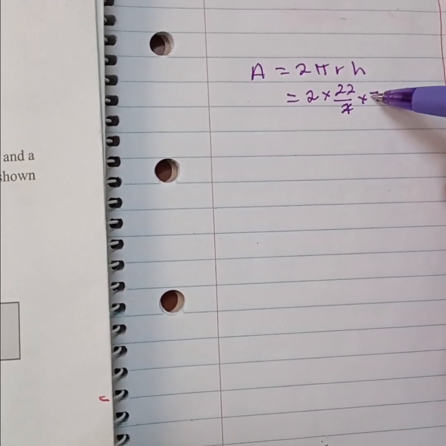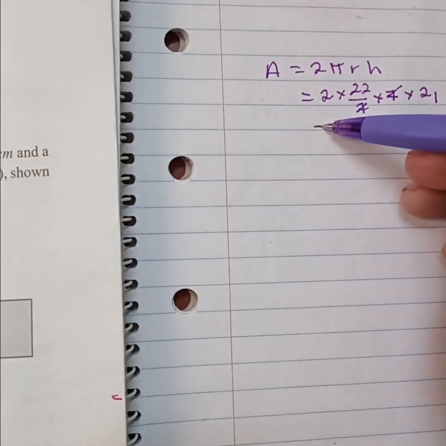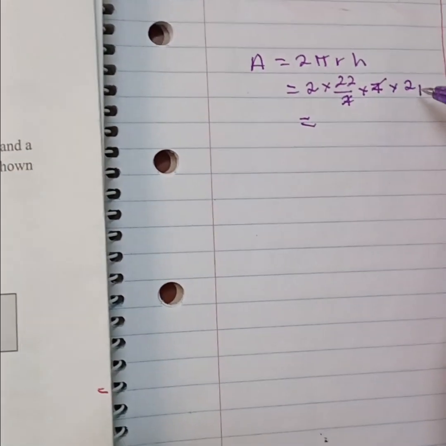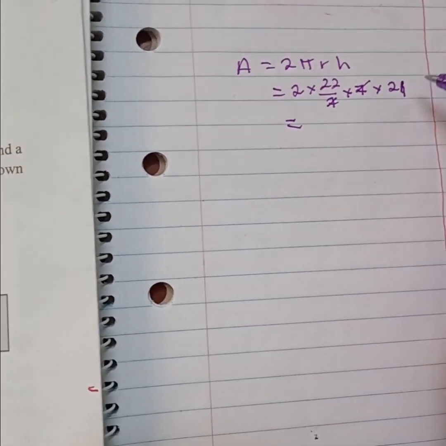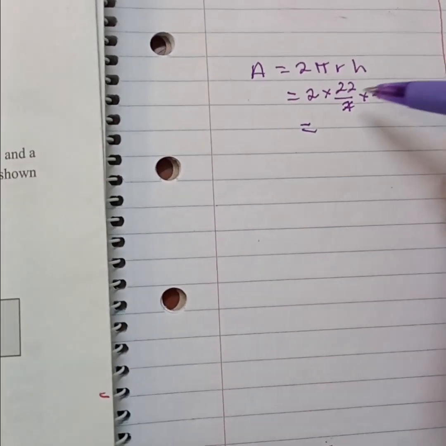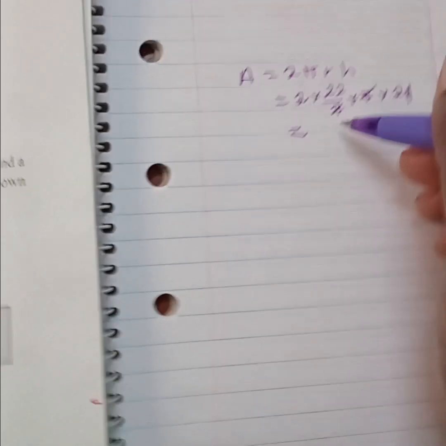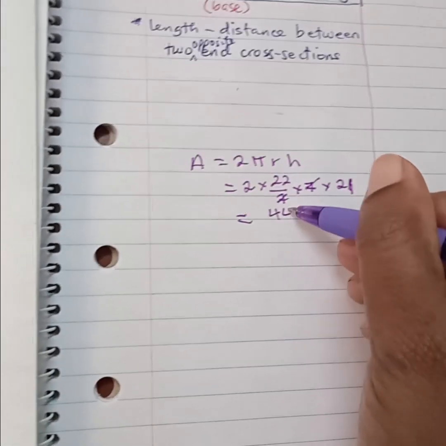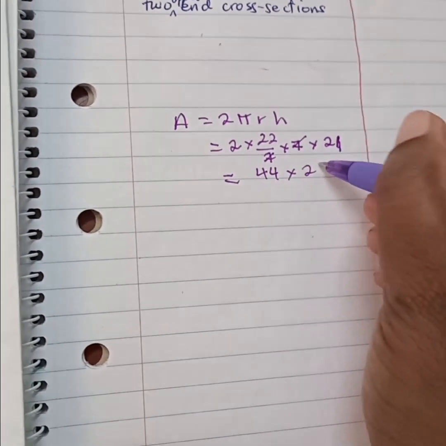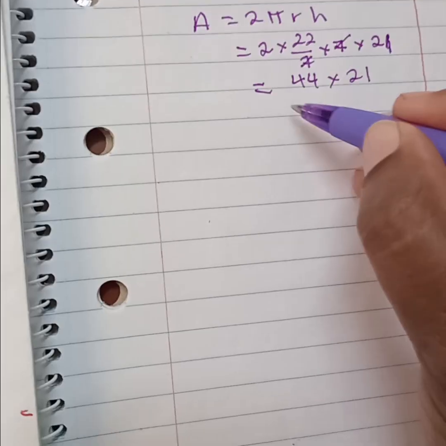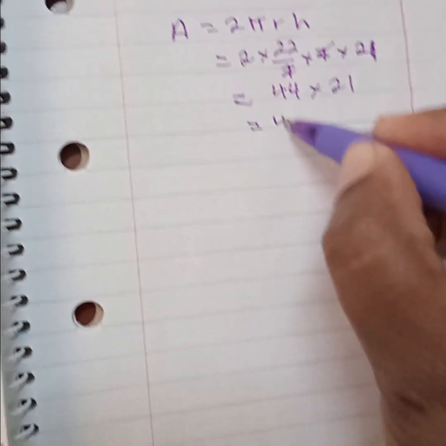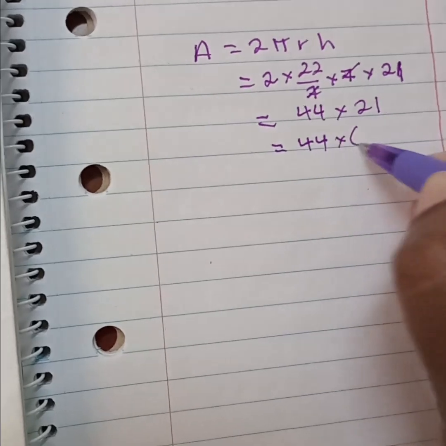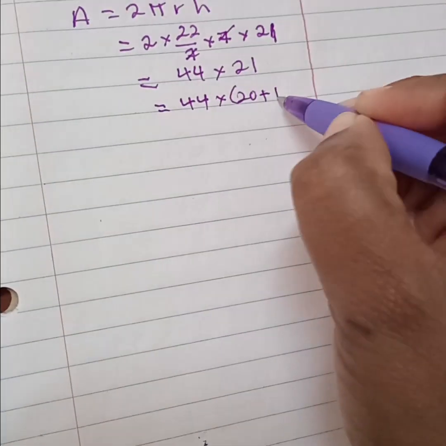So we cross these two sevens, and now we have 2 times 22 times 21. 2 times 22 is 44, and 44 times 21. 44 times 21 is 44 times 20 plus 1.